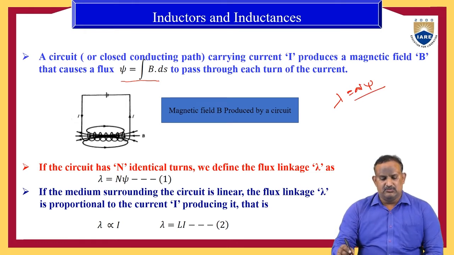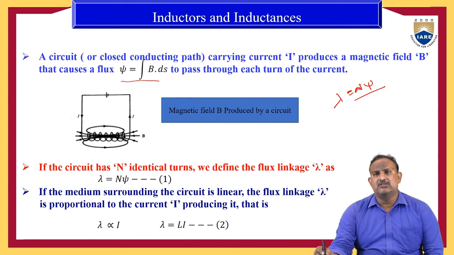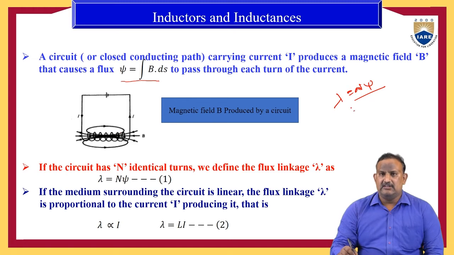Therefore, if the medium surrounding the circuit is linear, the flux linkage lambda is directly proportional to the current I applied in the circuit.